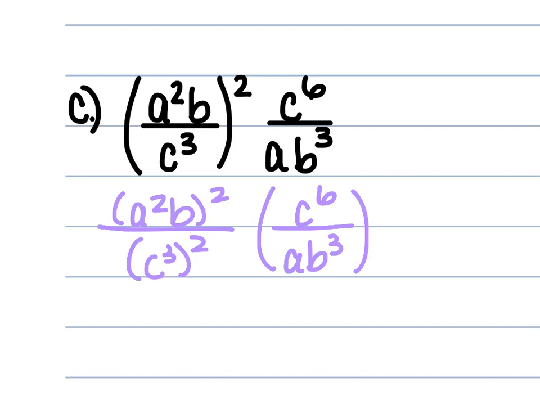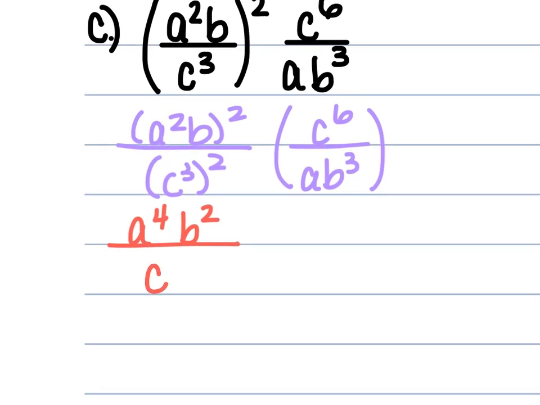So raising that a squared b to the second power is going to become a to the fourth power b squared. And then that c cubed raised to the second power is going to be c to the sixth power. We're multiplying this by c to the sixth power over ab cubed.